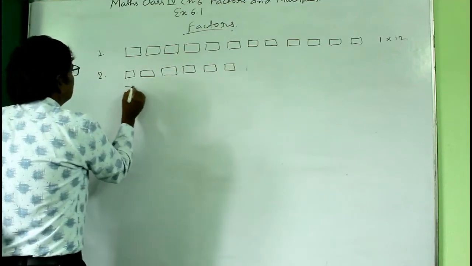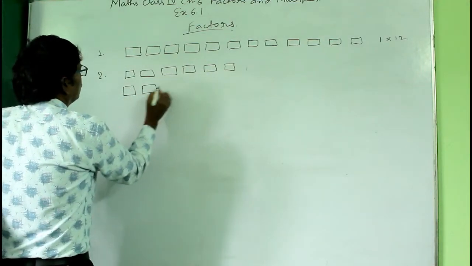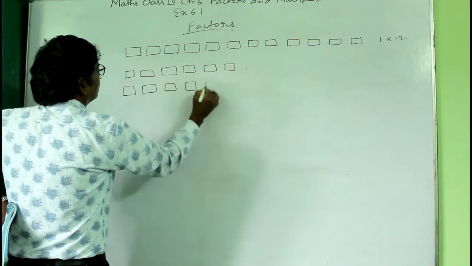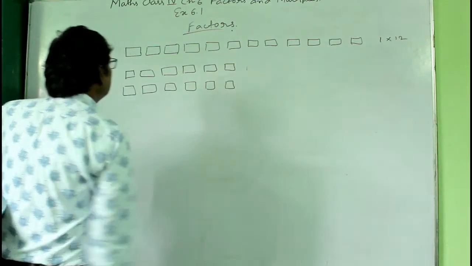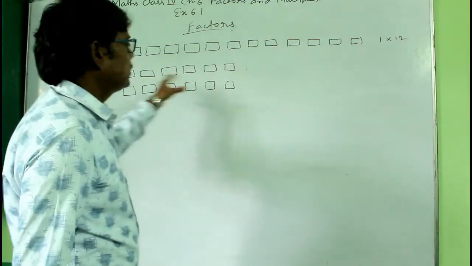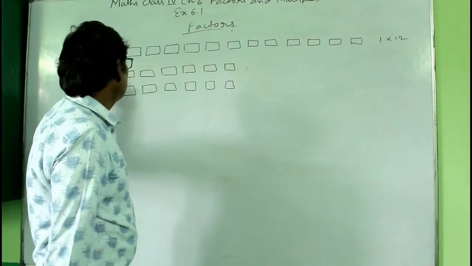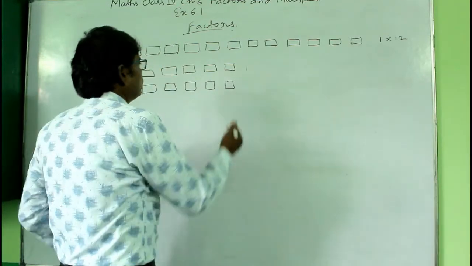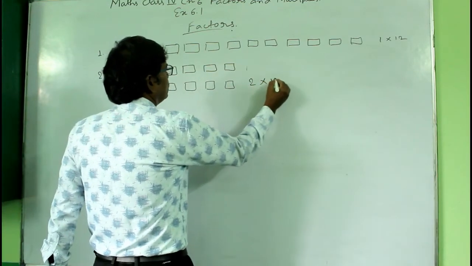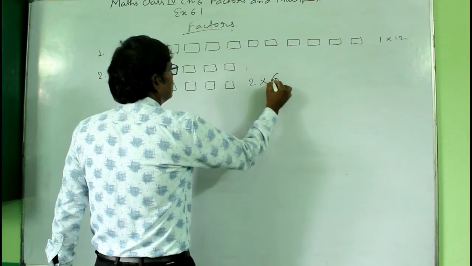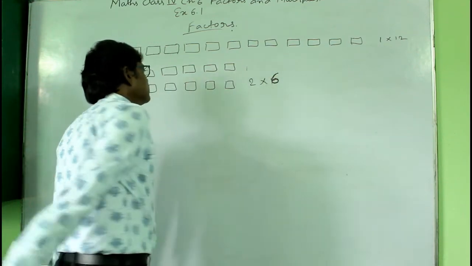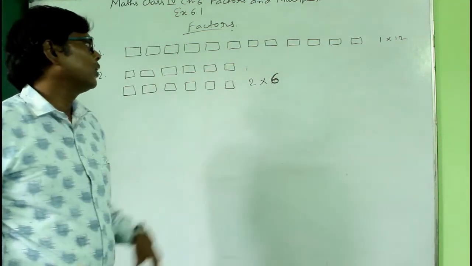Now again we have the same number of chocolates, but the arrangement is different. In one row we have 6, so you have 2 rows. 2 into 6, that is 12 again.